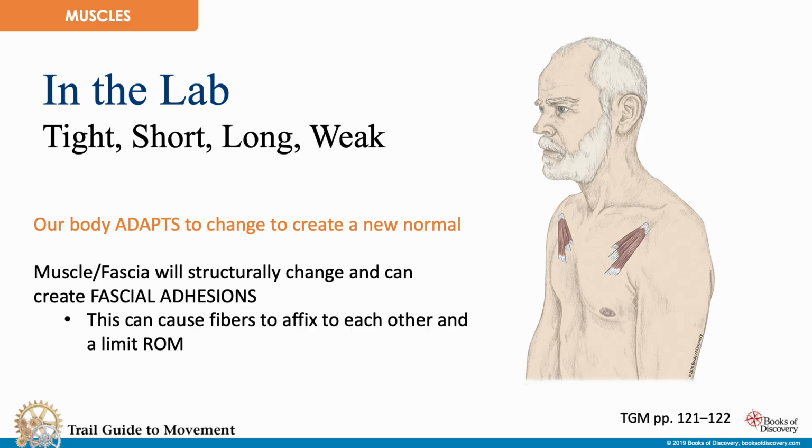And that is where we talk about adhesions. And think of this like a biological glue. The fibers literally start to affix to each other. And this is why your client feels stiff and has a limited range of motion. They aren't just tight, they're physically stuck together.